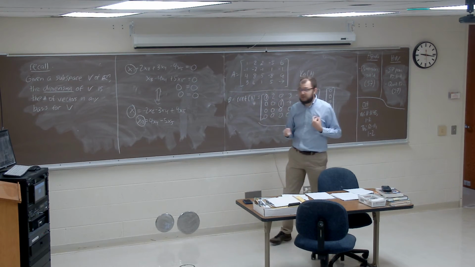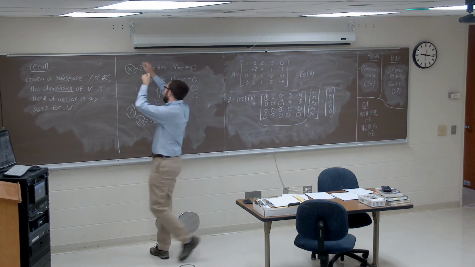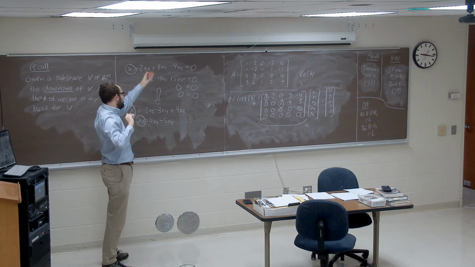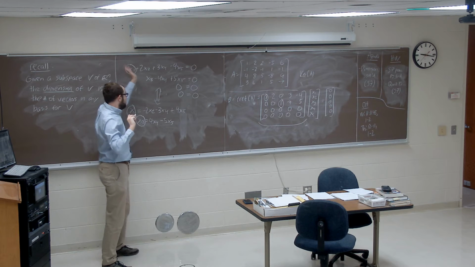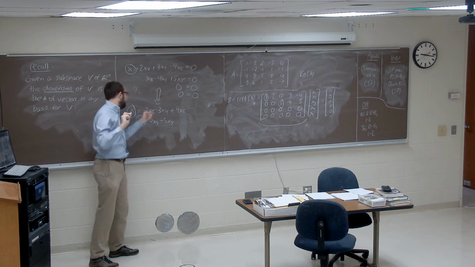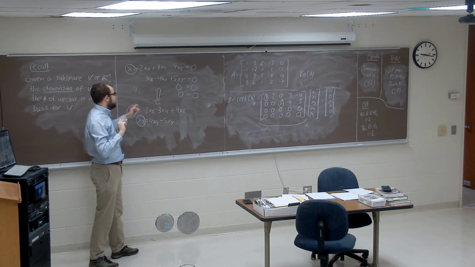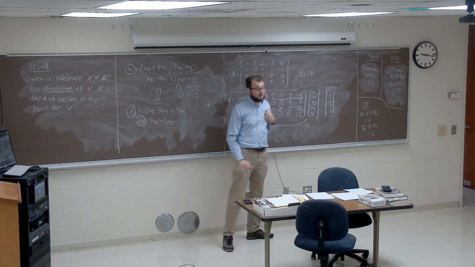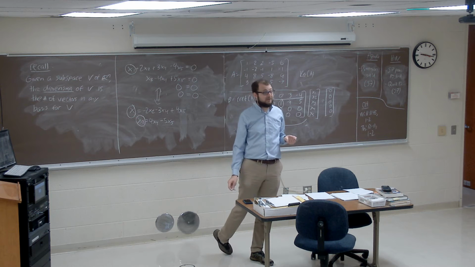So when we wrote out our system of equations, got x1 plus blah, blah, blah equals 0, and moved everything else over to the other side, we got x1 as an expression of everything else in this top row, x2, x4, and x5.